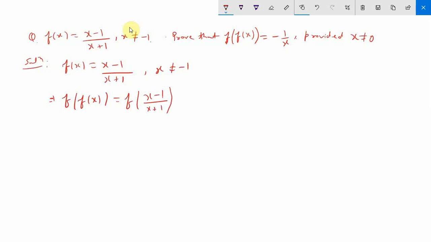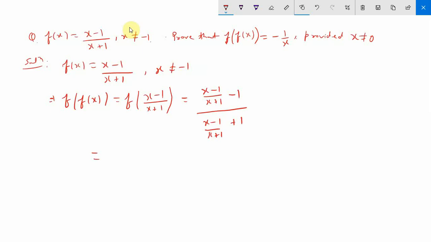Okay, so in place of x we will put this, and this will be equal to ((x minus 1) by (x plus 1) minus 1) divided by ((x minus 1) by (x plus 1) plus 1).